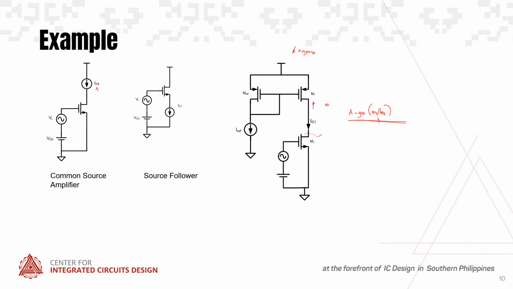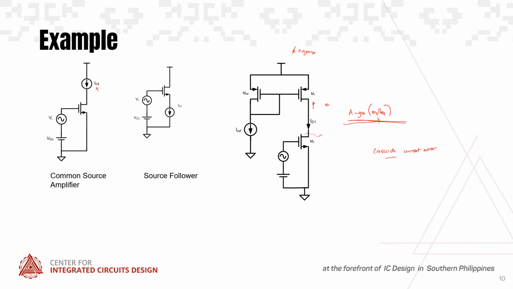It has a drawback with stability and gain. This structure or topology could be improved by adding a cascode current mirror.